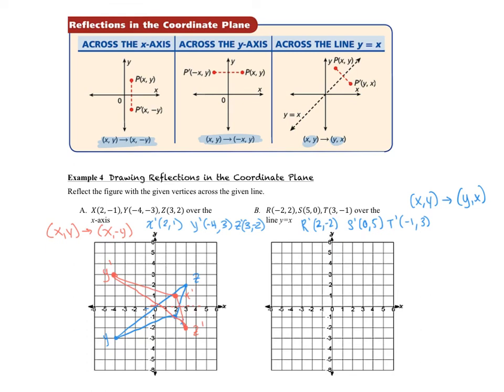Sorry, so first I'll do my pre-image, which is negative 2, 2 is r, 5, 0 is s, and 3, negative 1 is t.